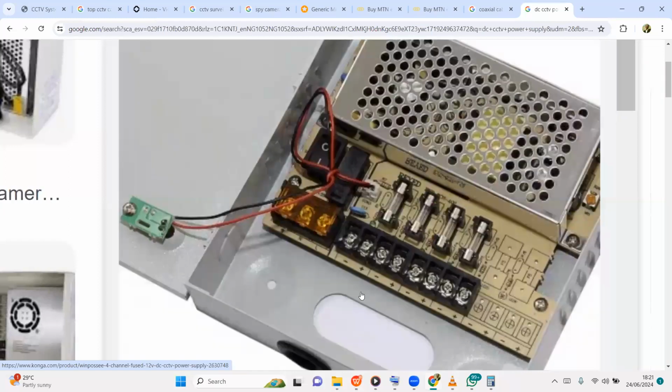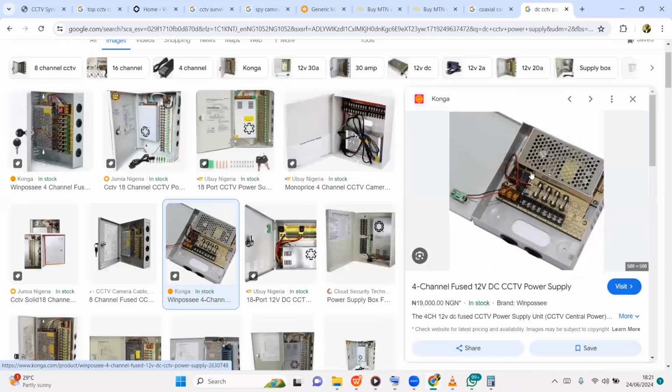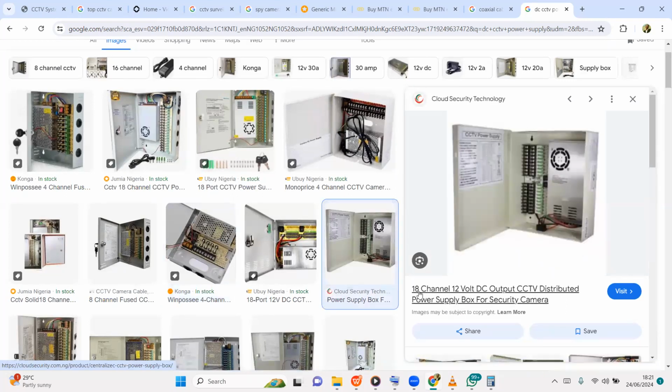So each camera, you will put in the positive, negative into this. You see, each of them has a fuse box. So positive, negative, positive, negative, positive, negative. So this power pack will be able to take care of 4 cameras. So this is the DC supply for 4 cameras. Take, for instance, this one is going to be able to take care of 18 cameras.